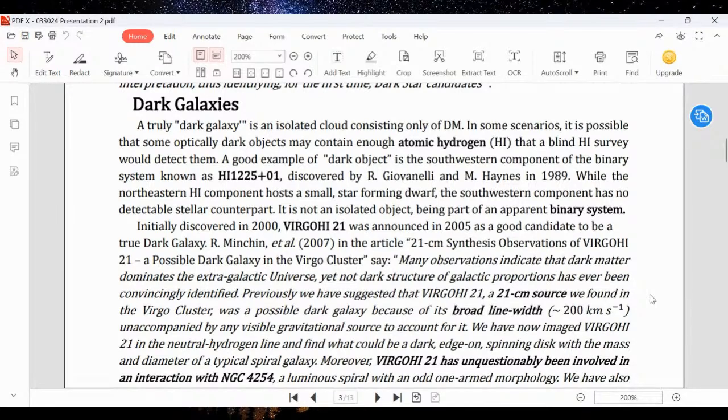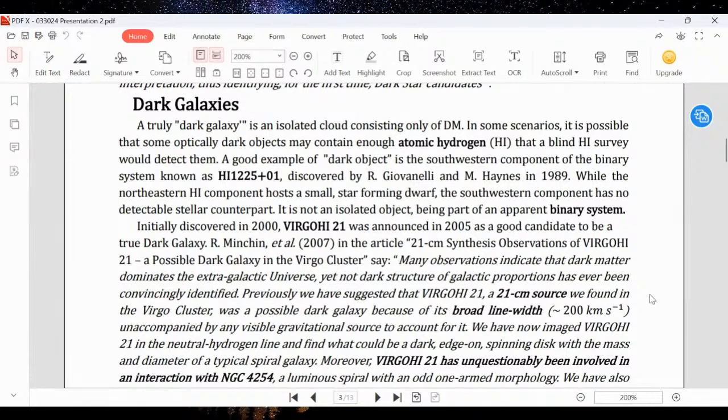Initially discovered in 2000, Virgo HI21 was announced in 2005 as a good candidate to be a true dark galaxy. Minchin et al., in the article 21 centimeter synthesis observations of Virgo HI21, a possible dark galaxy in the Virgo cluster, say: many observations indicate that dark matter dominates the extragalactic universe, yet no dark structure of galactic proportions has ever been convincingly identified.